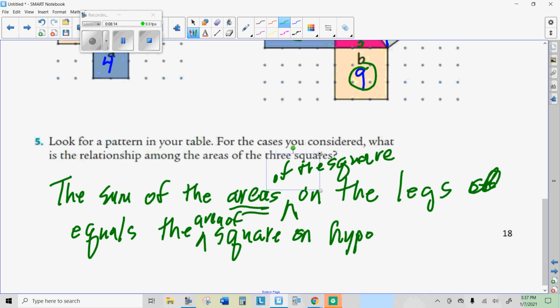Remember, the hypotenuse is the long side. Okay, and that's Pythagorean's theorem.